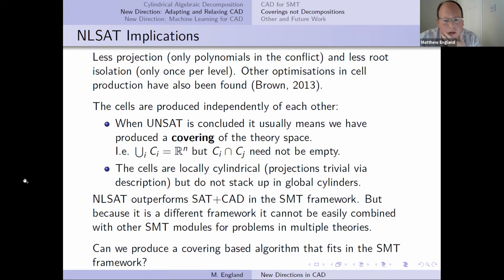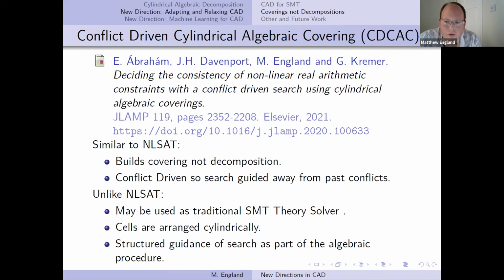So a couple of years ago, me and my colleagues set out to try and produce a covering-based algorithm that did fit into the SMT framework. And it was published earlier this year in JLAMP. It's joint work with Erika Abraham, James Davenport, and Gereon Kremer. So it's an algorithm for deciding whether a set of polynomial sign constraints are consistent, i.e.